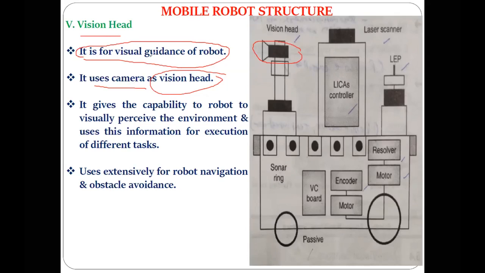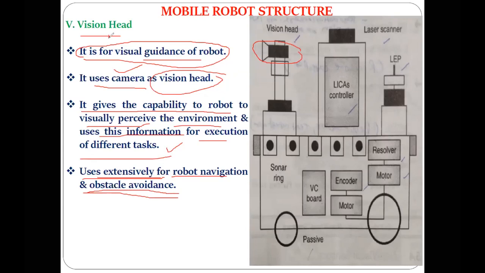So this is utilized for the visual guidance of the robot, and it uses the camera for that. It gives the robot the capability to visually perceive the environment and use this information for the execution of different kinds of tasks. So its utilization is mainly for robot navigation as well as for obstacle avoidance.